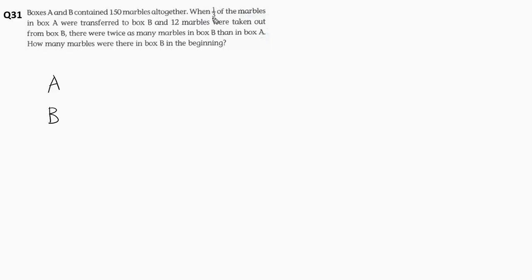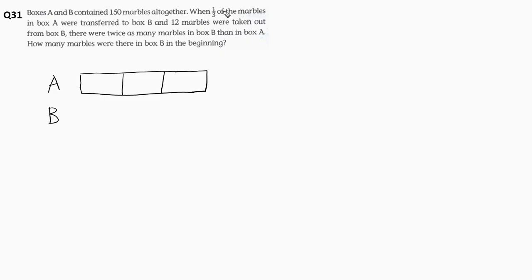When 1/3 of the marbles in box A, right, now that tells me that I'm going to draw a model for A, and let's say that's going to be 1/3, and that's going to be 1/3. I'm going to divide the bar that represents A into 3 equal parts, to represent these are thirds.